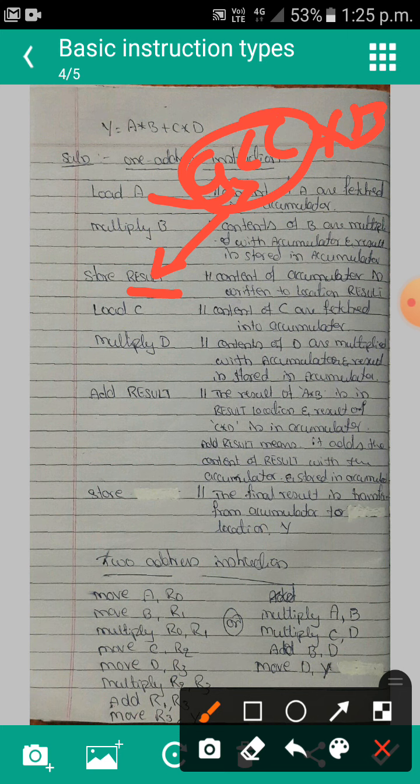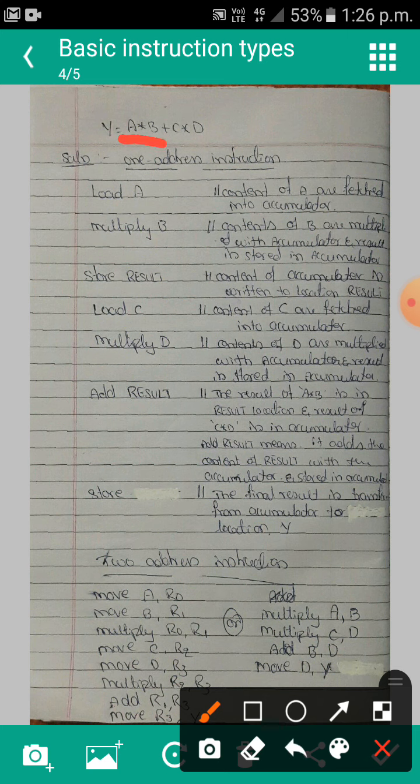Why? Because we need to perform other operations also, no? So we need to empty the accumulator. So we are transferring the final result of A and B, which is stored in the accumulator, to the result memory location.